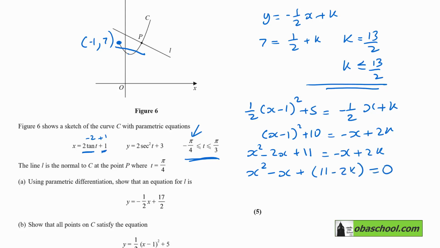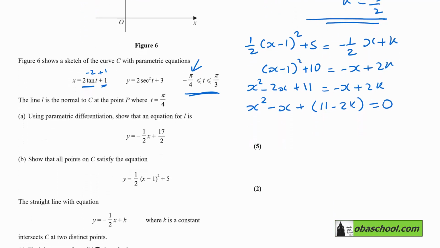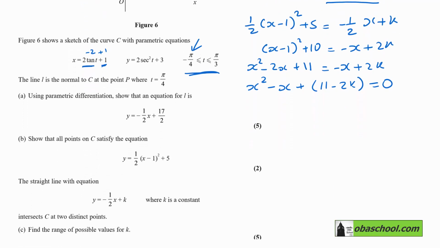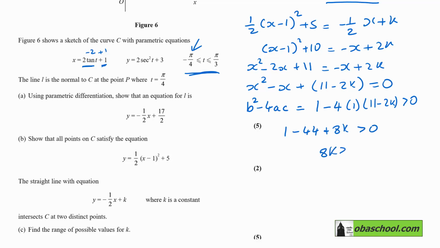And we want that quadratic equation to have 2 solutions. So we're going to use the discriminant. b squared minus 4ac is going to be 1 take away 4 times 1 times 11 minus 2k is greater than 0. So that's 1 take away 44 plus 8k is greater than 0. That gives me 8k is greater than 43, and so k is going to be more than 43 on 8.